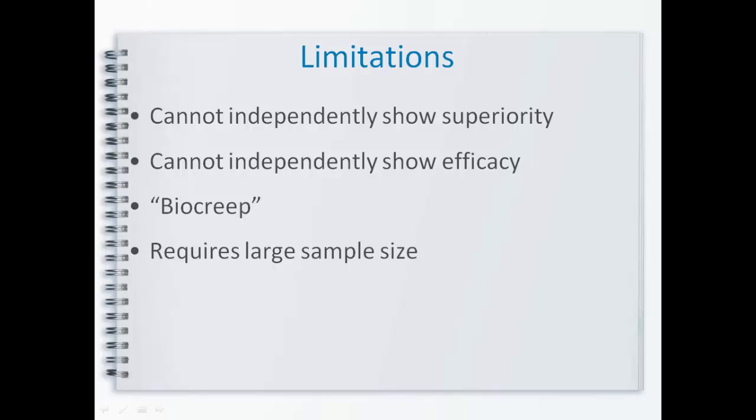This slightly worse drug may then be compared to another treatment that is again slightly worse, and this drug could too be deemed non-inferior. If this process continues to repeat itself, there is concern that we may end up with treatments that are no longer better than placebo. Lastly, non-inferiority studies require larger sample sizes, a requirement that is not always easy or practical to fulfill.